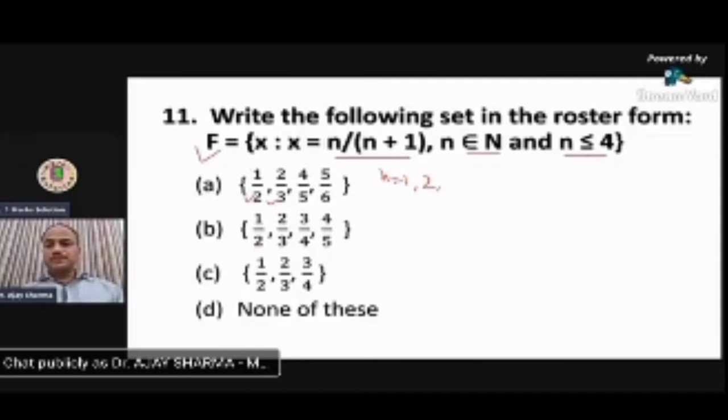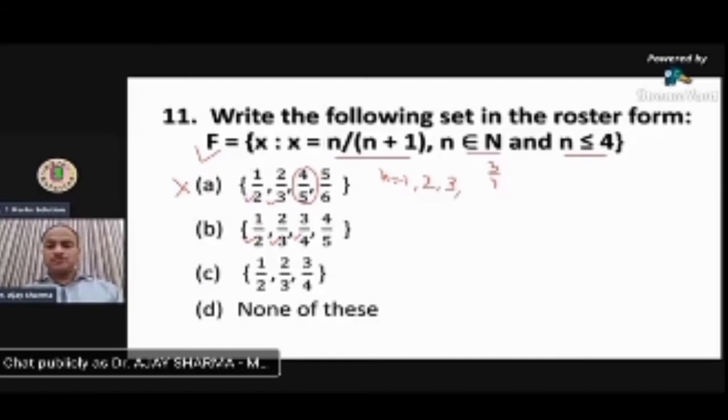Now next, when we put n is equal to 3, what happens? 3 upon 3 plus 1, that is 3 by 4. We get 3 by 4. But this 3 by 4 is not here. Okay, this is something else. 3 by 4 is missing. So this is not the correct option. Fine. The first and second elements are here also. These two are okay. And 3 by 4, we can see 3 by 4 here. So till now it is okay.